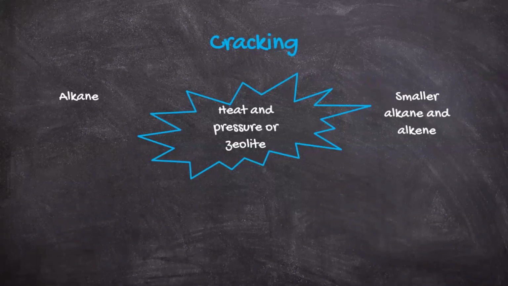These are normally hydrocarbons with 12, 13, 14, 15 carbons in them, and we're going to break it down into something smaller. There are two ways to do that. One, you can go the mechanical route, so you can apply heat and pressure. Or you can use a catalyst called zeolite, which I've written out for you there.